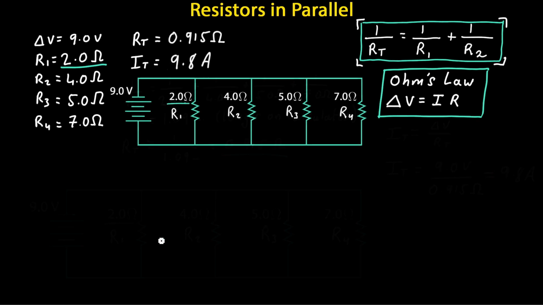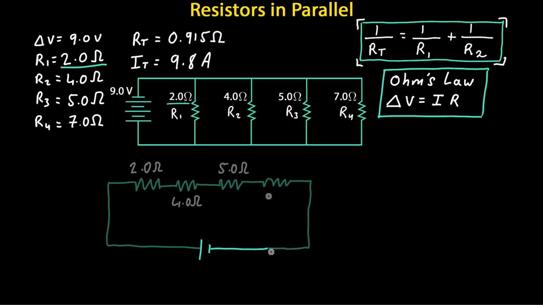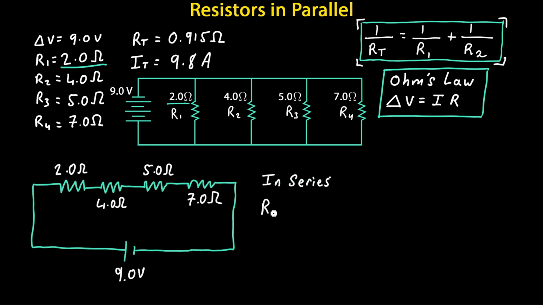Now, if you watched the last lesson, we had the exact same set of resistors, but they were connected in series. And I've shown this in this diagram here. In this series circuit, the total resistance is the sum of the resistors.